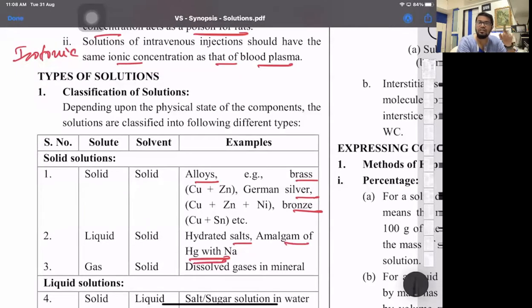When I say sodium amalgam, if anybody remembers, it is used in the reduction of aldehydes and ketones. Aldehydes on reduction give primary alcohol, ketones on reduction give secondary alcohol. So for that part, it is liquid mercury, which is the solute, dissolved in a solid solvent, that is sodium. So liquid and solid: amalgams.